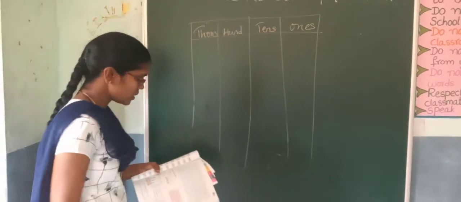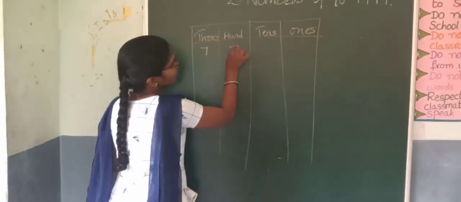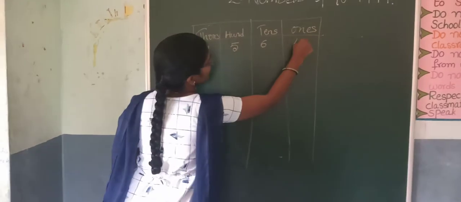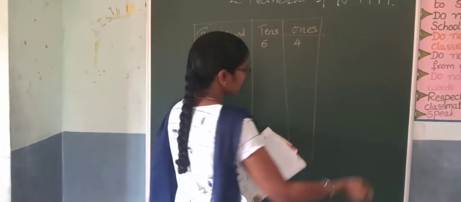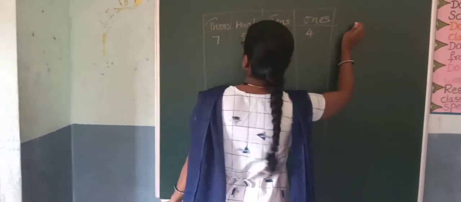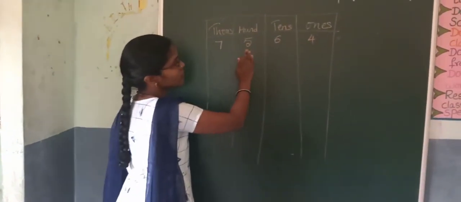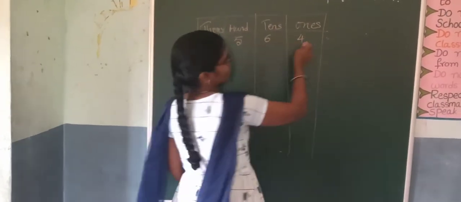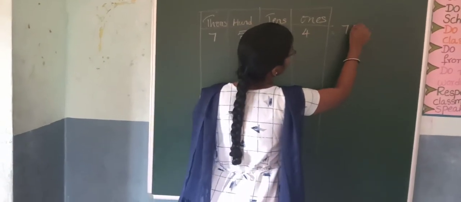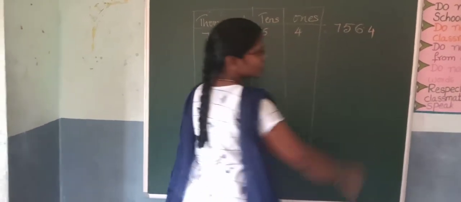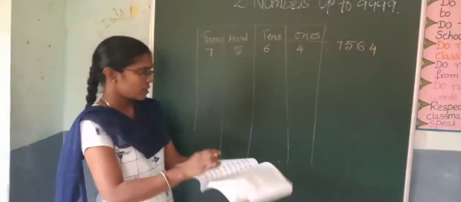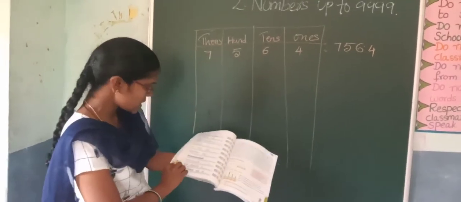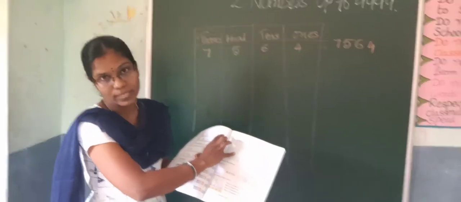Suppose you have a number 7, 5, 6, 4. So how will you make the number? You have to write 7,564. Understand?